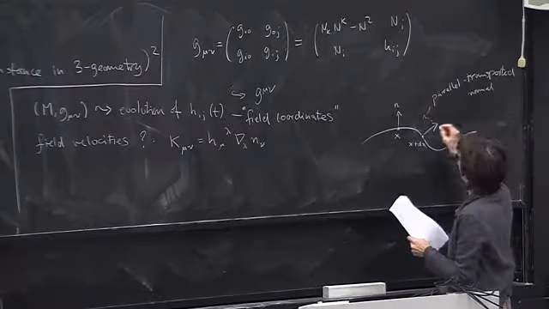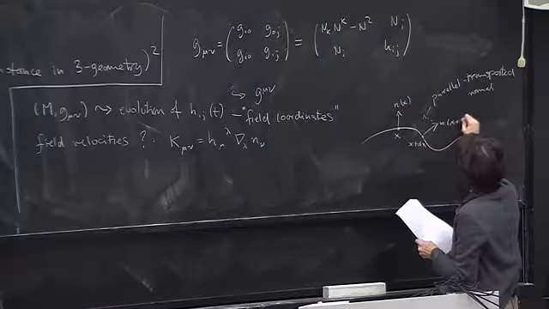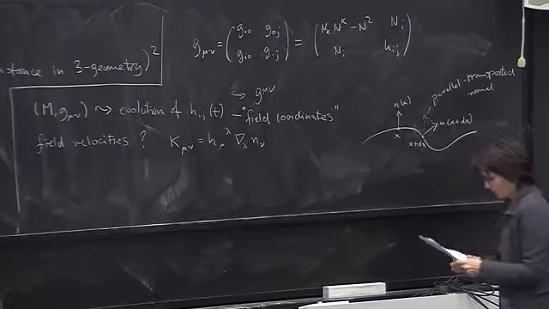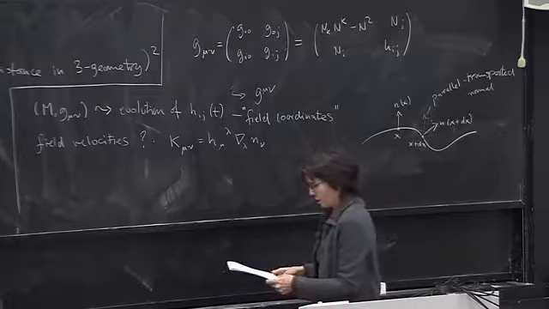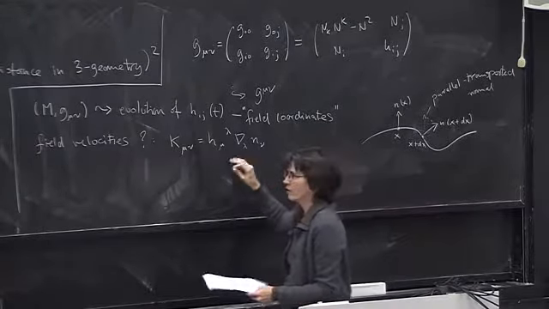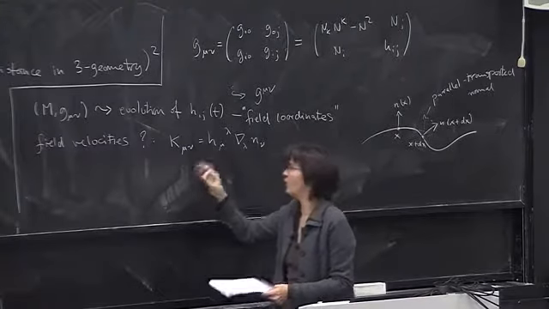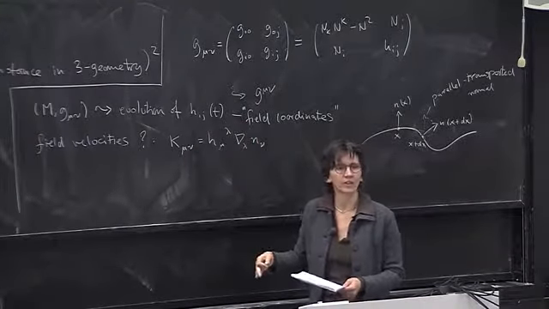So this was my little n at x, and here was my n at x plus dx. Now, from this construction, it's fairly obvious that this is actually a spatial quantity because I'm just projecting it down.